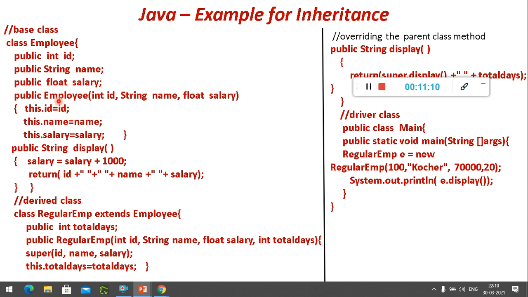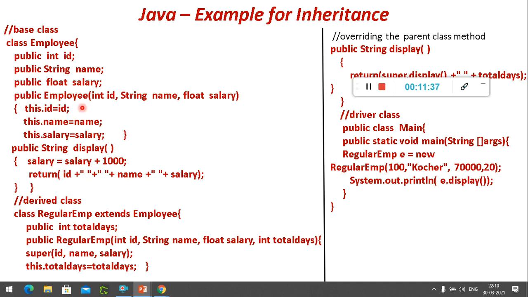The name of the constructor is employee, and this.ID equals ID, this.name equals name, this.salary equals salary. So this is the constructor, and the this keyword is used here. And here we define a method display. We increase the salary by 1000, and this method will return the values ID, name and salary.